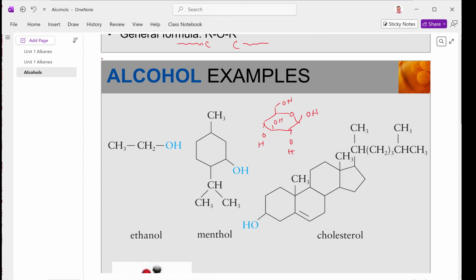So alcohols can be extremely simple, like methanol. Methanol is a 1-carbon alcohol. Ethanol is a 2-carbon. Propanol is a 3-carbon. Isopropanol is also a 3-carbon. That's rubbing alcohol. Menthol is not the same as methanol.